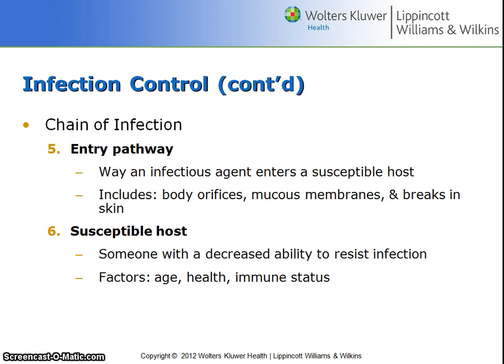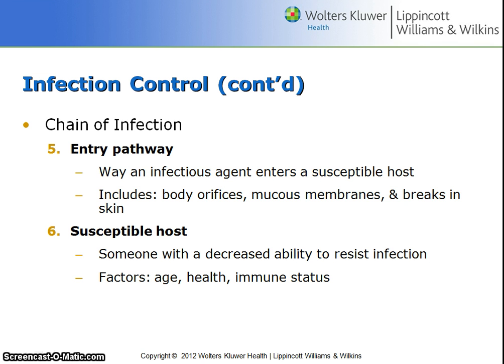Okay, so this slide's talking about the entry pathway, or ways a pathogen enters the body. This includes body orifices, mucous membranes, and breaks in the skin. It also mentions a susceptible host, which is someone with a decreased ability to resist infection, or in other words, immunocompromised, either through a disease or from medications a patient is taking.